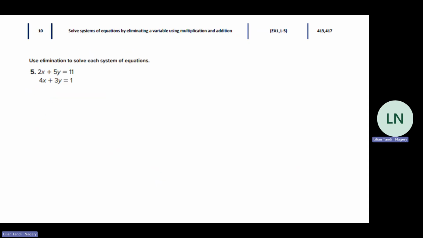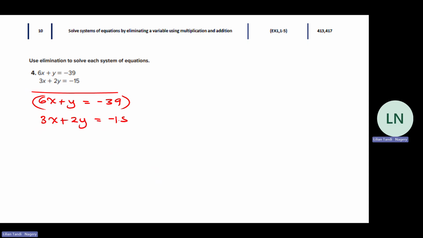Okay, 2 more. Okay, I don't have same half, same rakam, so I will eliminate y because y has 1. 6x plus y equals to negative 39. I'll put my parentheses. 3x plus 2y equals to negative 15. I'll put 1 here.